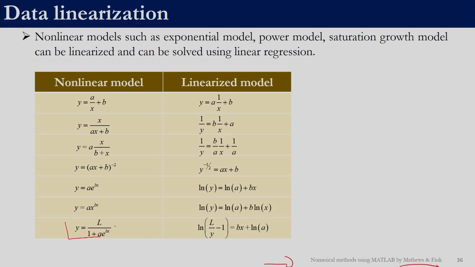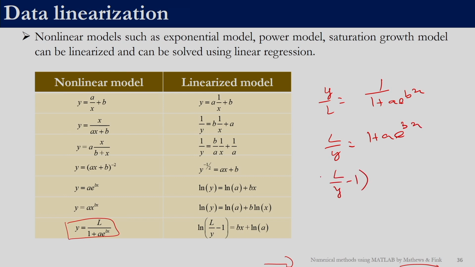So, for example, this particular model, what you can do is y by L is equal to 1 by 1 plus a e power b x. So, we can take a reciprocal of this, L by y is equal to 1 plus a e power b x, L by y minus 1 is equal to a e power b x.